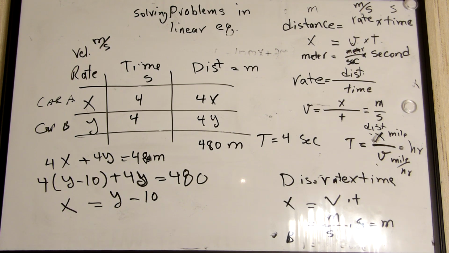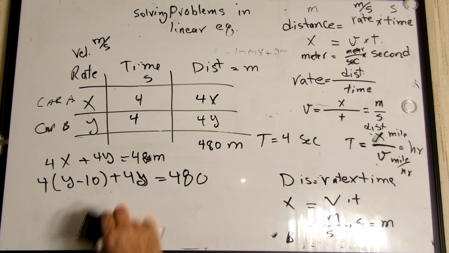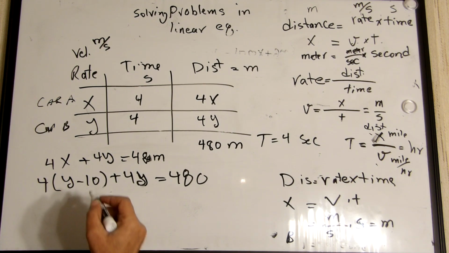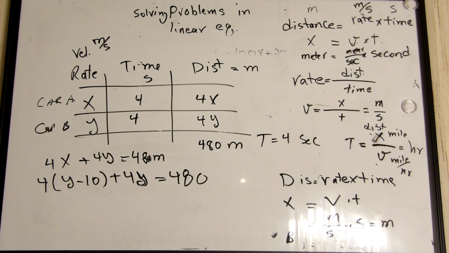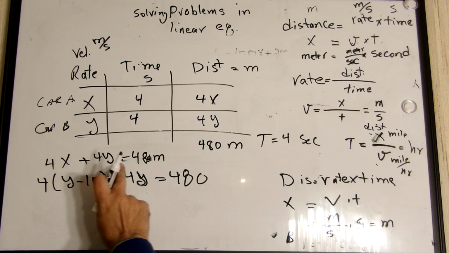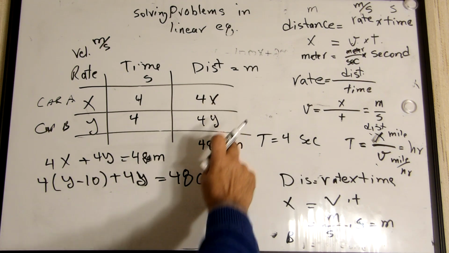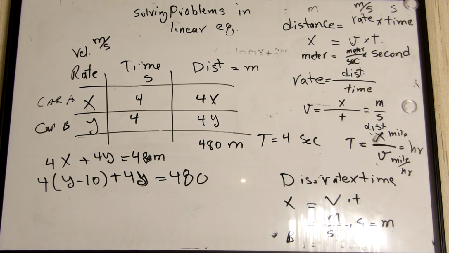Now we are going to find the rate y. We use this formula here to get the distance they travel. They reach the point at the same time.